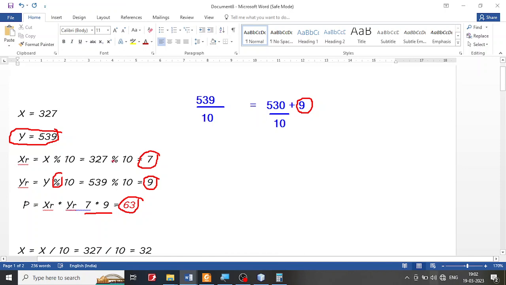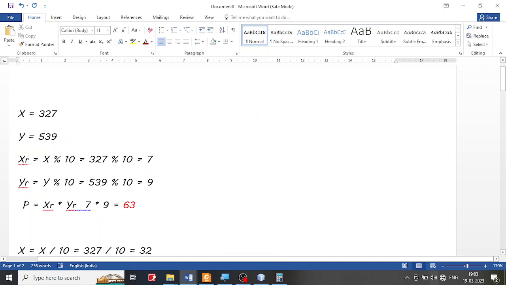Now what are we supposed to do? We are done with this last digit. Get rid of this digit. How to get rid of this digit? Again, take the x itself, that is 327, and divide it by 10. What answer are you going to get?